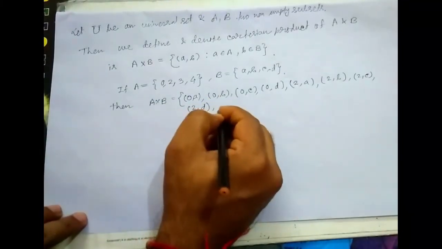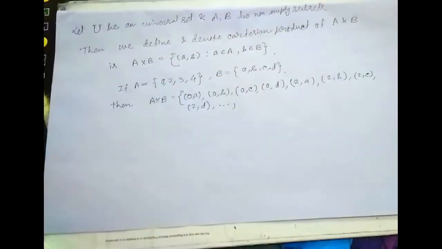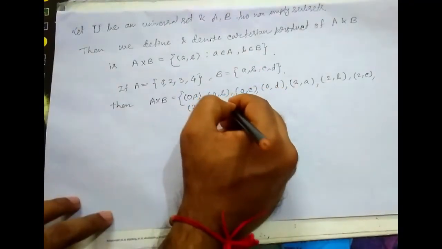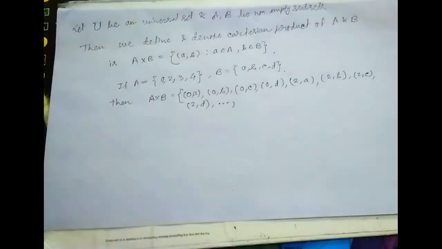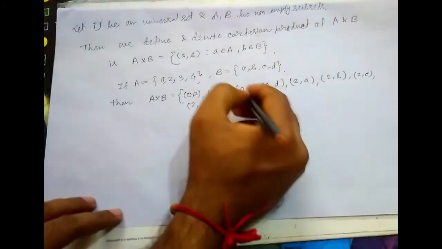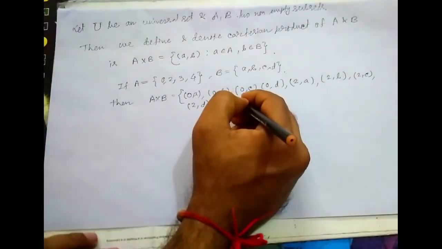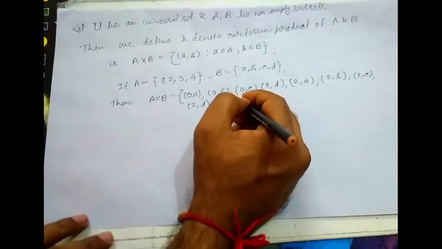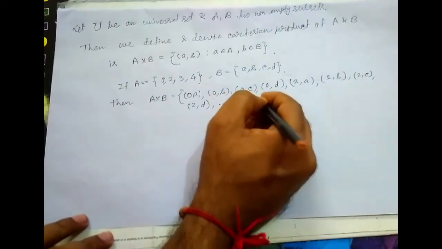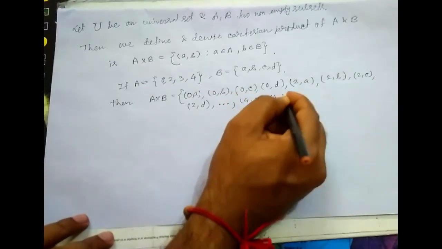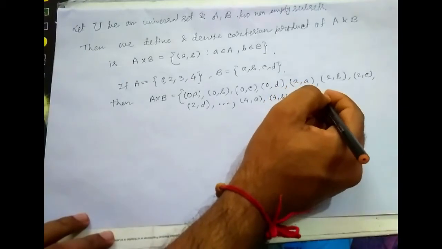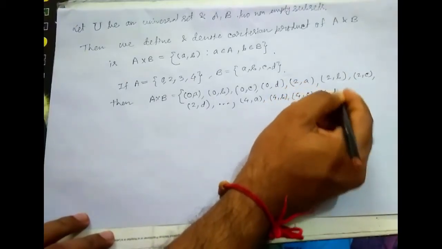Okay, and continuing in this process we have the full list of elements, and these elements end with (4, a), (4, b), (4, c) and (4, d).